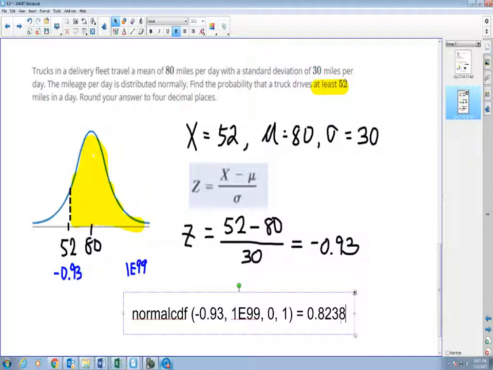I will give you the area first, and I will ask you for either the random variable x, or the standard deviation, or the mean. There are four things in this formula. If I give you three, if we know three of them, we can find the missing one. That's what we're going to do in the next lecture video.